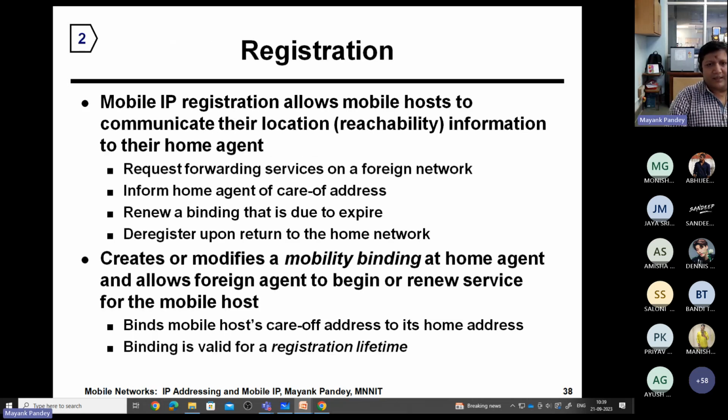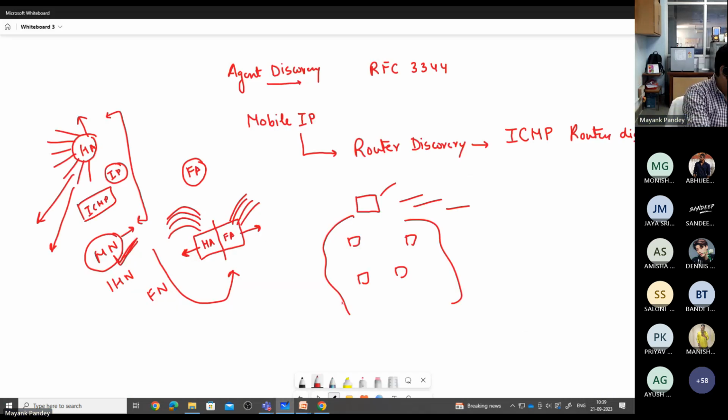Now the next process in mobile IP is registration.